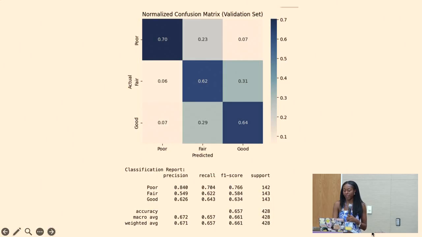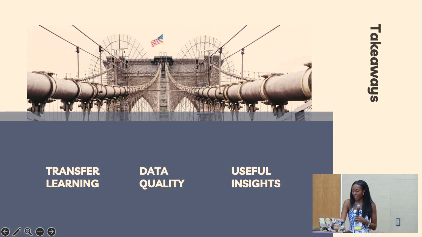But given the fact that I was working with less than 3,000 images, and I had to reduce the categories from 5 to 3, and I was also using crappy images that I snapshotted from Google Maps, I'm actually quite surprised that the accuracy is 2 out of 3. That's pretty good for a side project. So what are some of these takeaways?